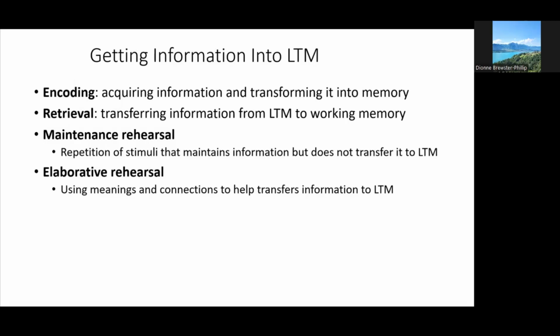Now, we have different definitions here that we need to note, right? So the process of getting information into long-term memory is essentially what encoding is. Remembering involves accessing some of the information that you have encoded and transferring it from long-term memory into working memory.